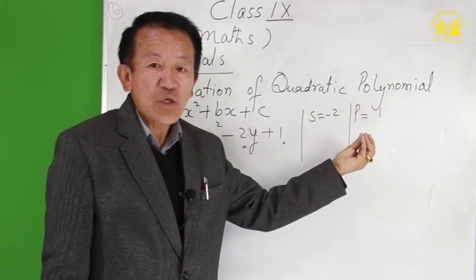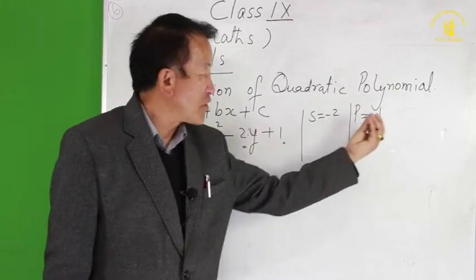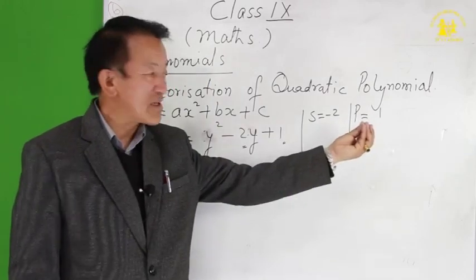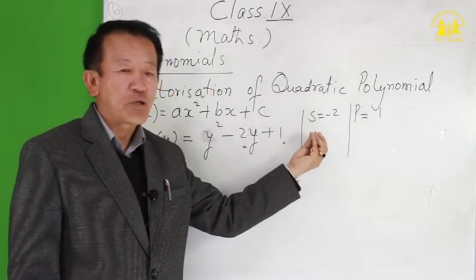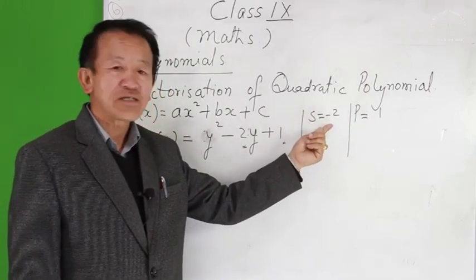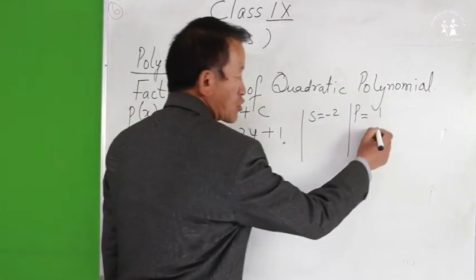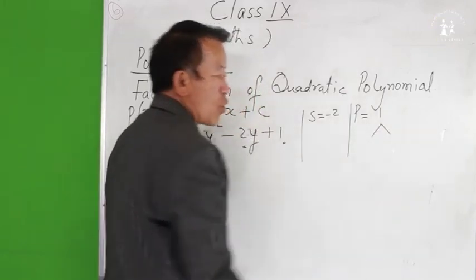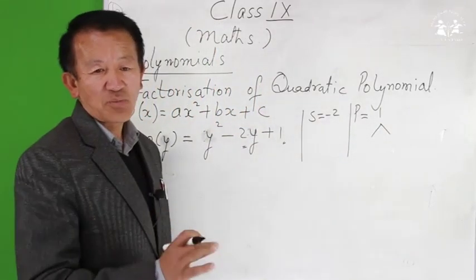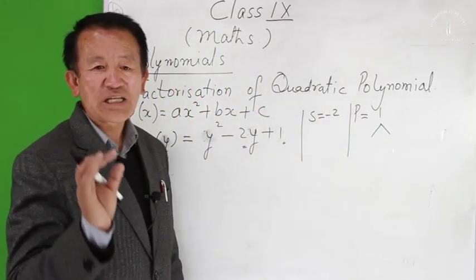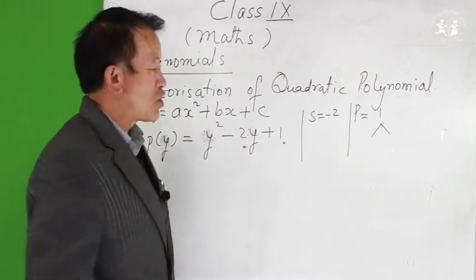So we shall decide which sign we have to use, and for that you have to look at the sum of the two numbers, and the sum of the two numbers is minus. So that means the two numbers will have sign minus. Both the numbers will carry negative sign.